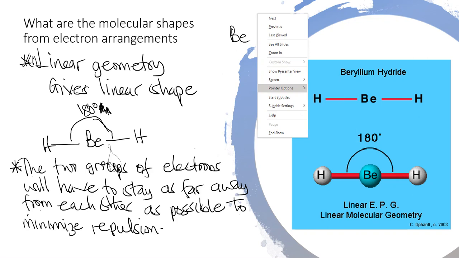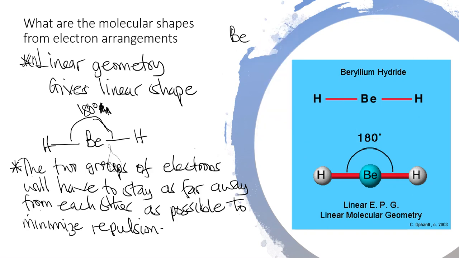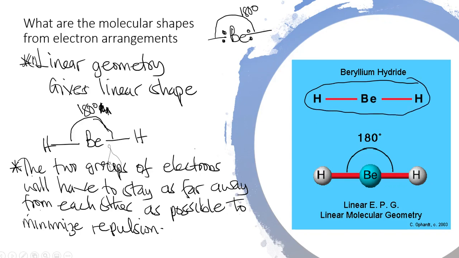So the best way you can do that is to put this group of electrons here and this group of electrons here to form these chemical bonds. As such, you are going to have a linear molecule with 180 degrees angle. This one is a linear molecule, and this is the angle that you get.